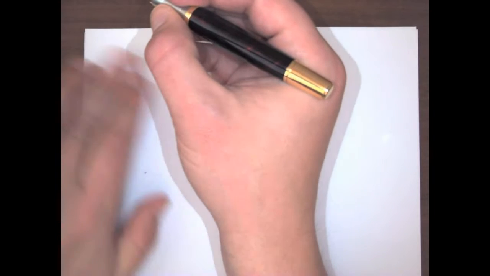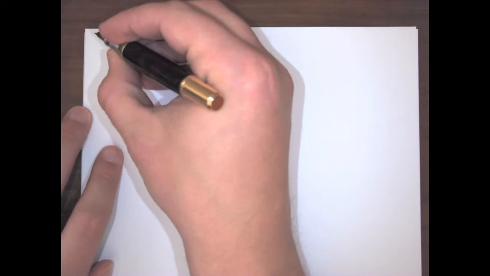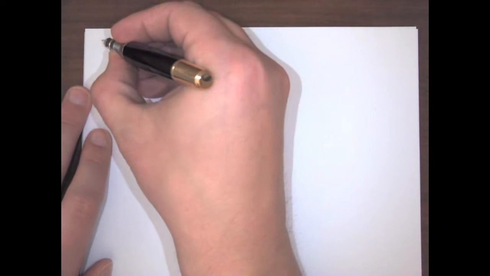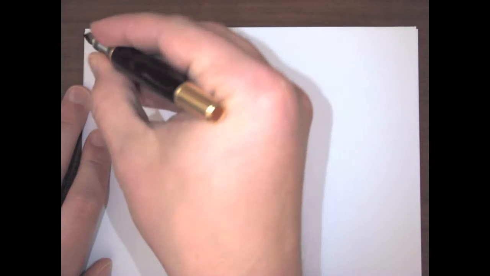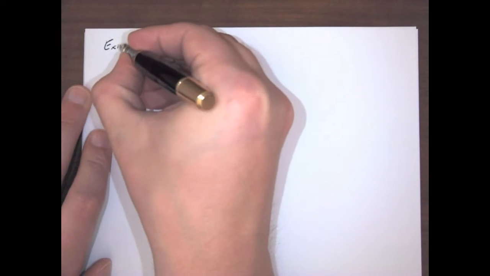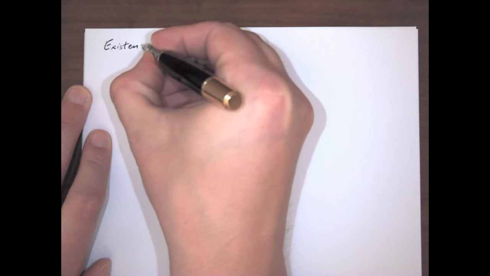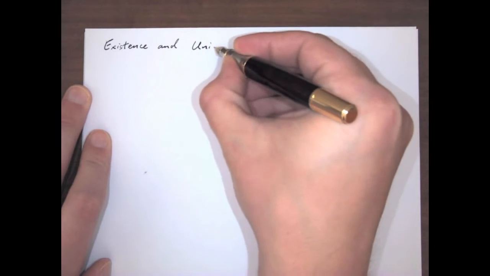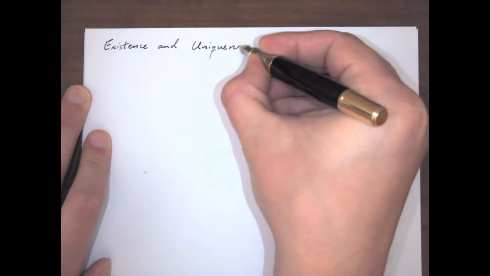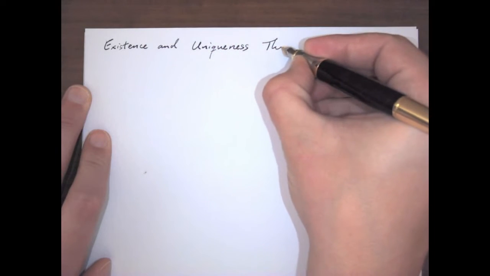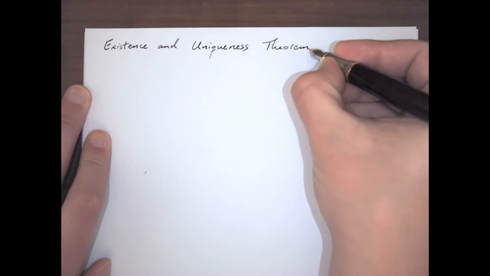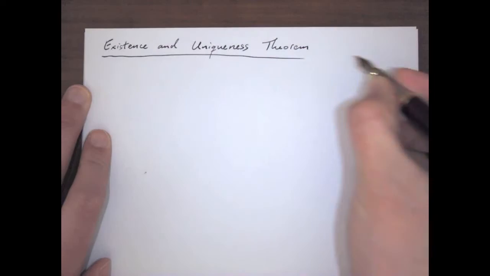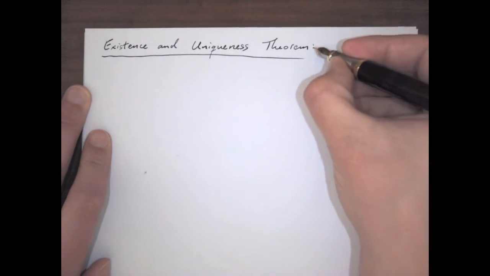It's far too advanced for us to prove in here, but it is a subject of study in future classes in more advanced settings, and it is what's called the existence and uniqueness theorem.